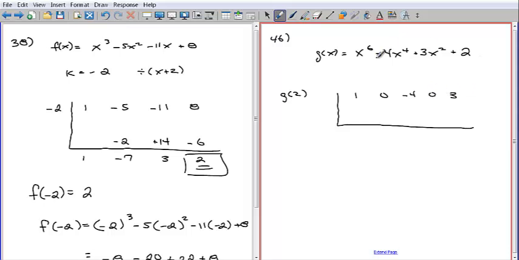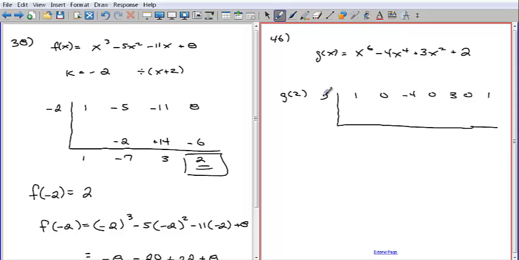And let's see, make sure 6th, 5th, 4th, 3rd, 2nd, 1st, constant. Those are the different ones. So why would I do it this way instead of that way? So I'll let you think about that while we finish the problem.